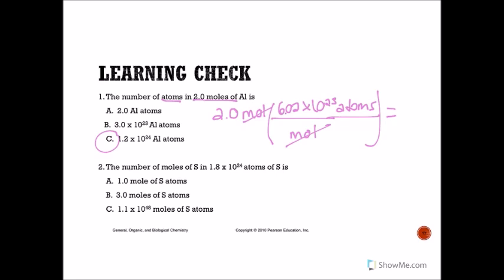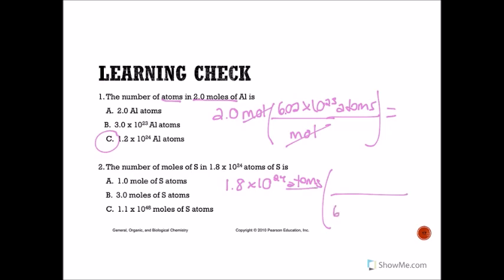If we'd like to do our second learning check here, the question asks the number of moles of sulfur in 1.8 times 10 to the 24 atoms of sulfur. If we start with our number in the question, we need to use our conversion factor to convert to moles. We have atoms on top.